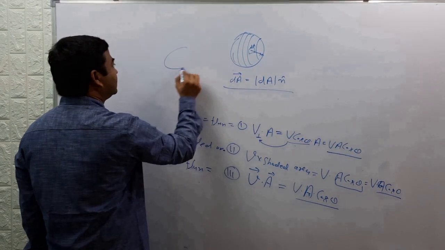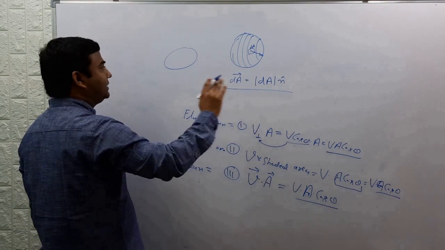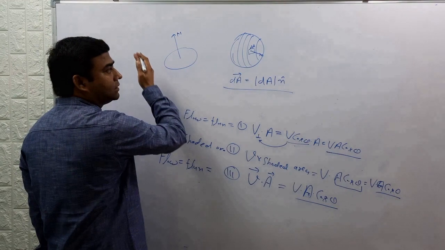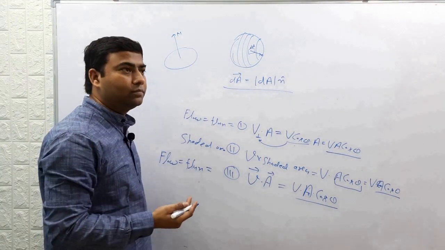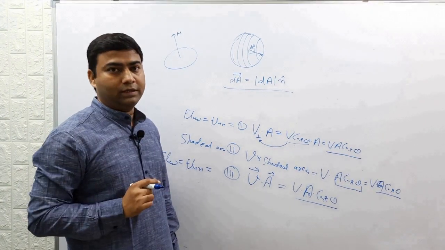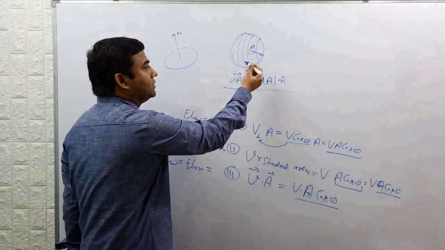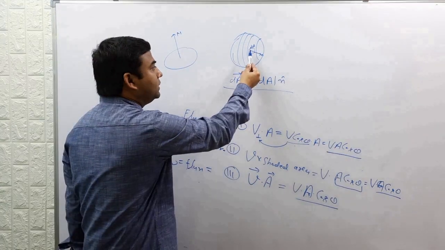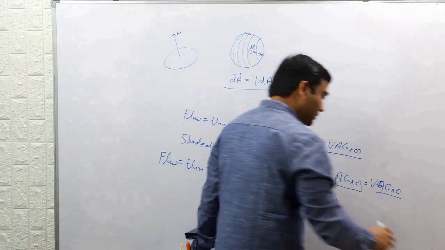For a flat surface, such as a simple circular flat surface, the area vector is perpendicular to this surface. But for a curved surface, the area vector is outward from the curved surface and perpendicular to the surface. It can be inward, it can be outward, but as a convention, we assume the area vector outward, perpendicular to this area. That is the convention you must remember.